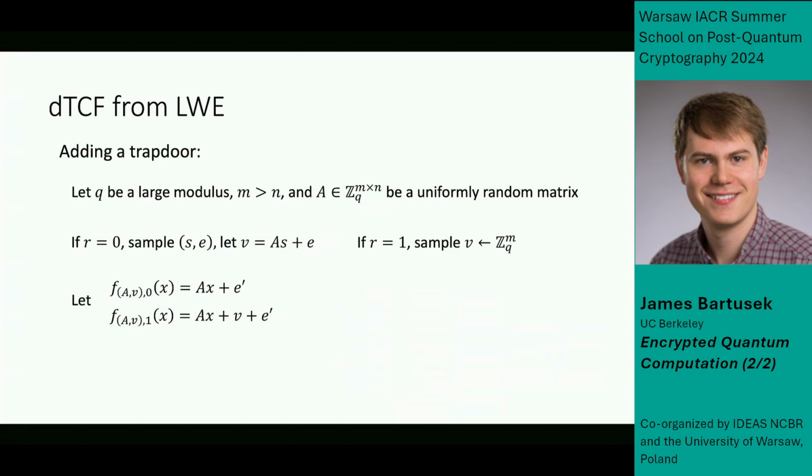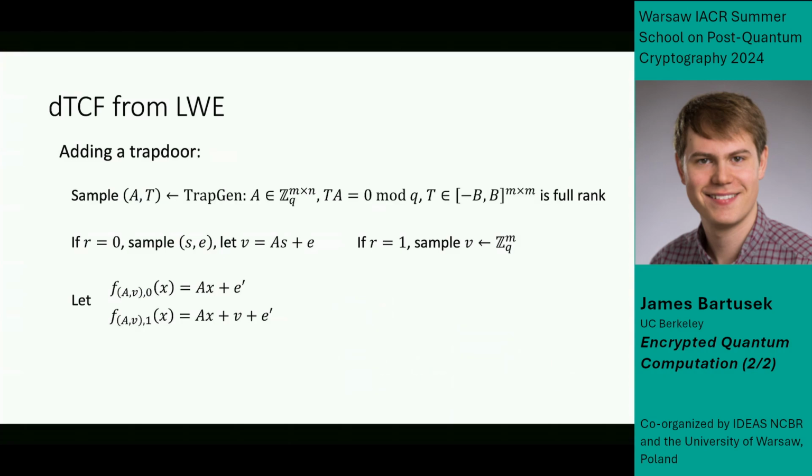So without deriving the techniques again, I'll just state the conclusion of that, which was that there exists a procedure, this TrapGen procedure, for sampling a matrix A along with the trapdoor T. The key properties here are that this matrix A is still statistically close to a uniformly random matrix.